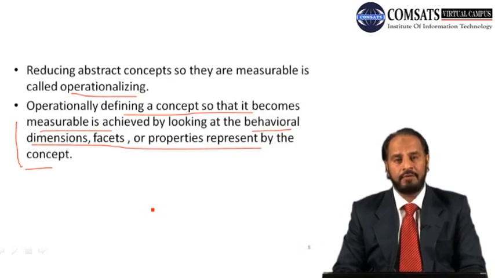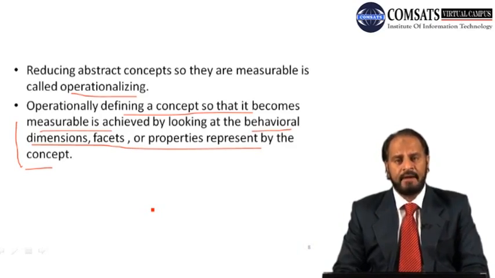We cannot look into the hearts of people, or read the minds of the people. All we can do is see the actions, that behavior. If there is an individual who is very loyal, what are his behavioral traits? What are his behavioral dimensions? What are his behavioral properties?